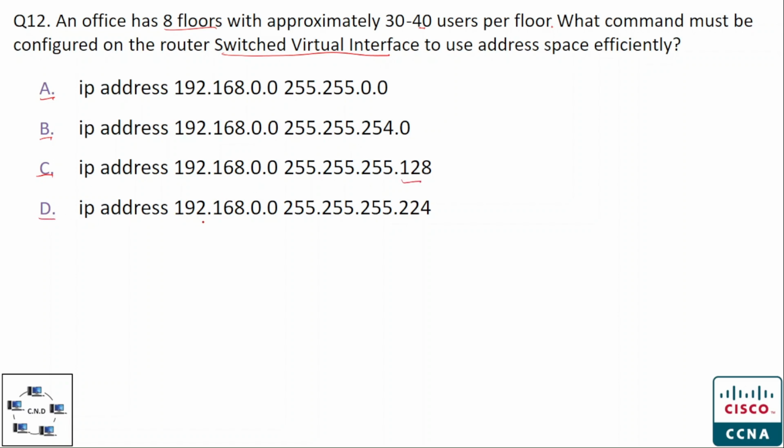And option D, IP address 192.168.0.0 and subnet mask 255.255.255.224. The correct option is option B, 192.168.0.0 and 255.255.254.0. Why is this the correct answer?